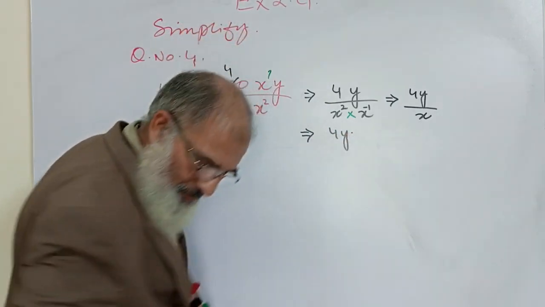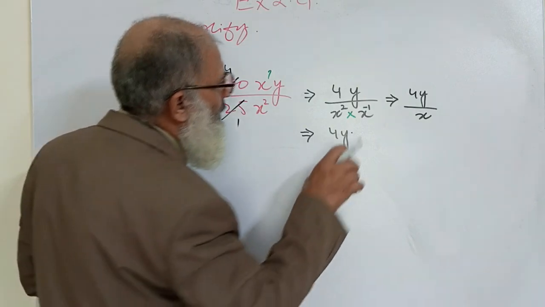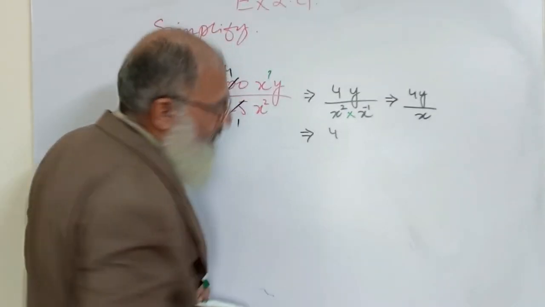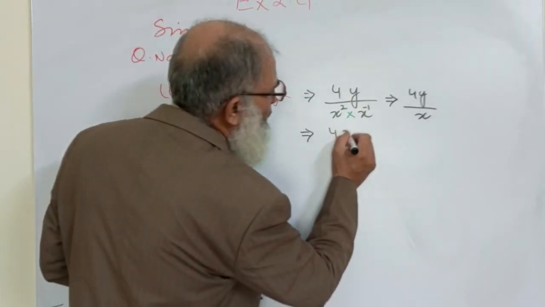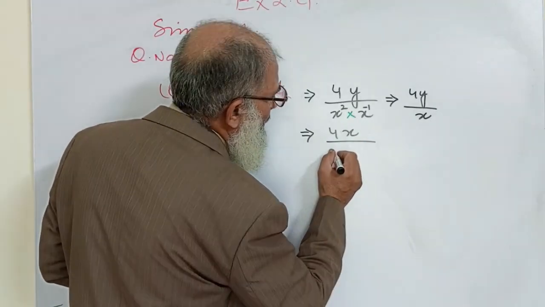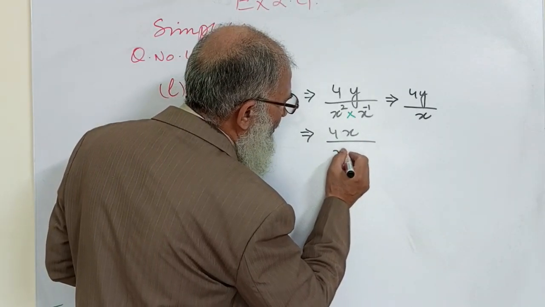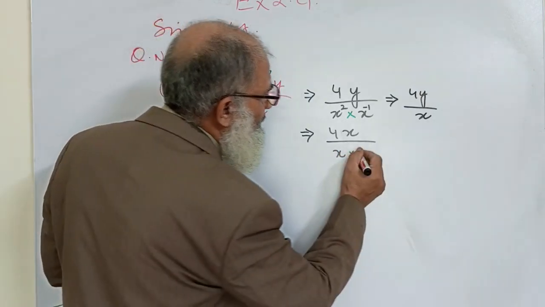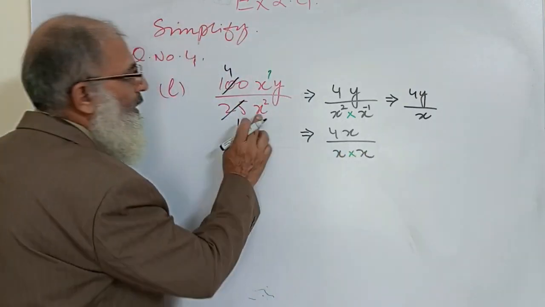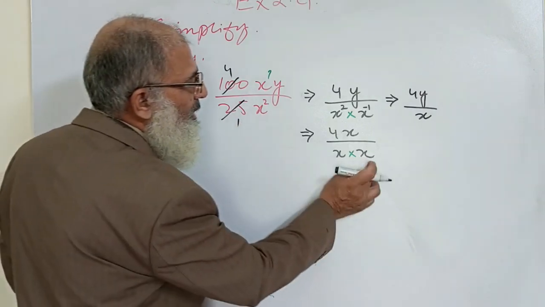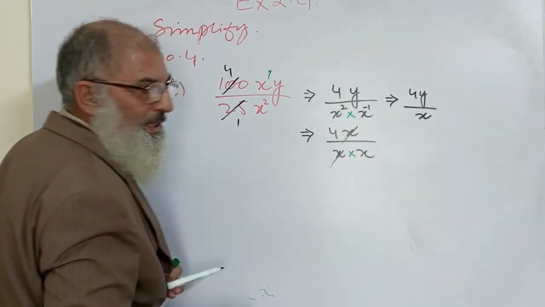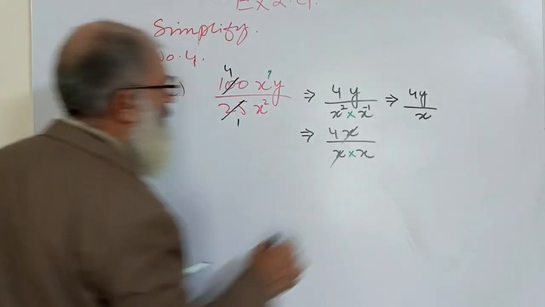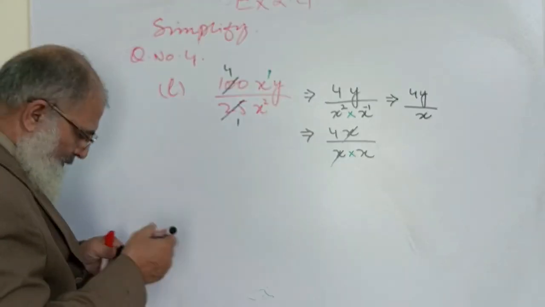Or you can do it like this as well: 4xy divided by x multiplied by x. There are two x's over here. Simply cancel this, and it will become 4y divided by x.